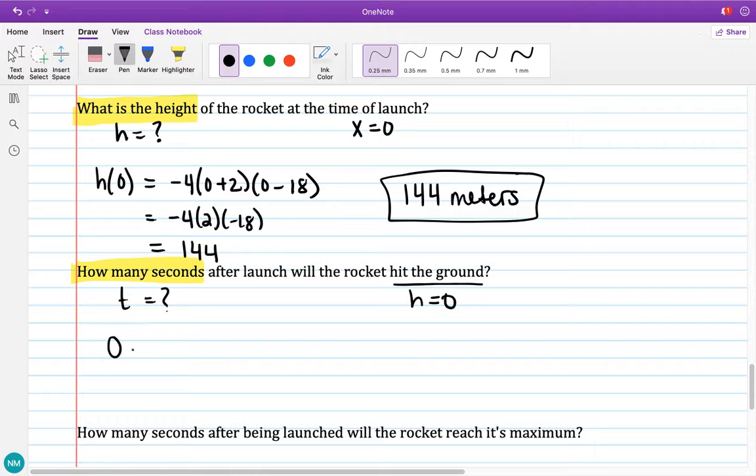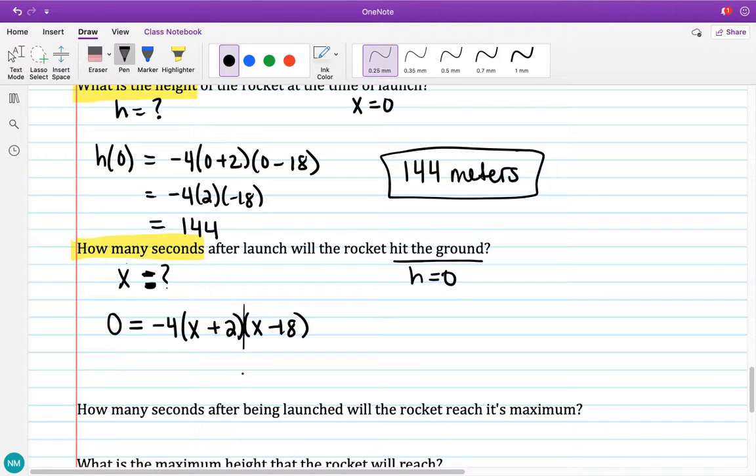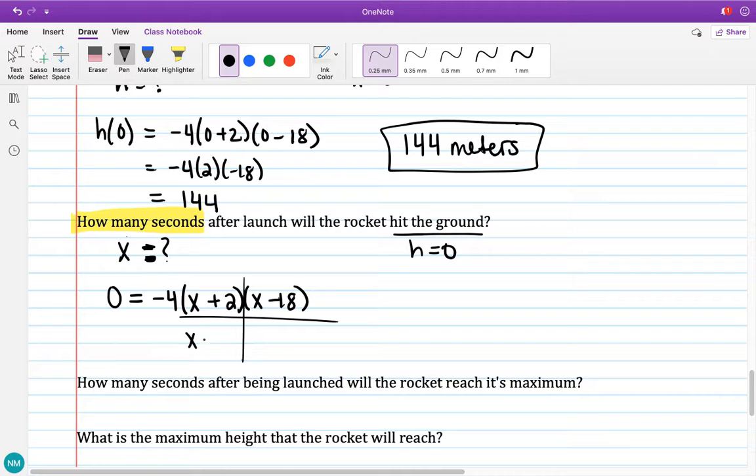So now I have to set h of t equal to 0, or h of x. I keep putting t. H of x, right? So 0 equals -4 times (x plus 2) times (x minus 18). Now, these are the easiest things to find, right? Because you just have to use your t-chart. So x equals -2 and x equals 18.